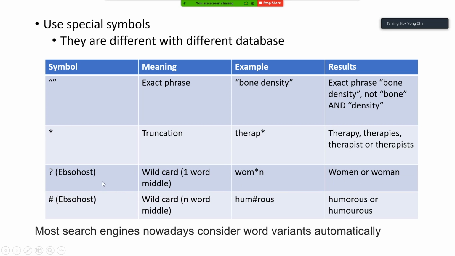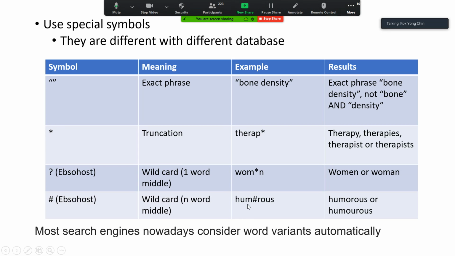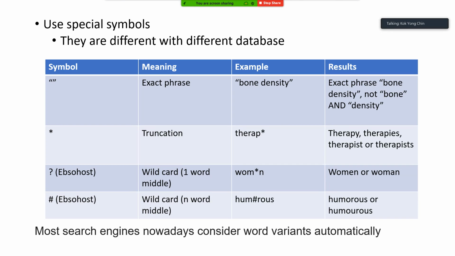So we don't usually have to use this wildcard, because most search engines nowadays will consider word variants automatically, okay. So in your search, you need to put your keywords as much as possible. Combine the keywords using Boolean operators, and you might need some special symbol.